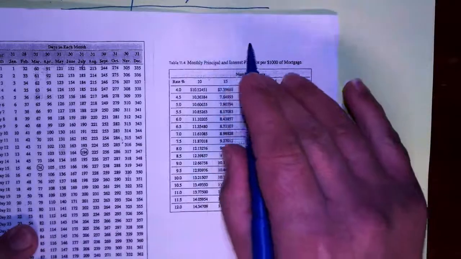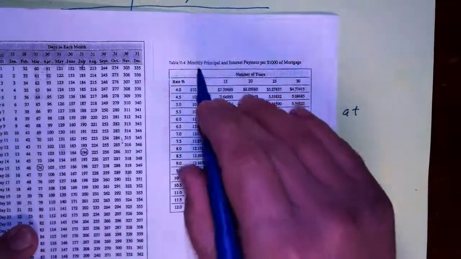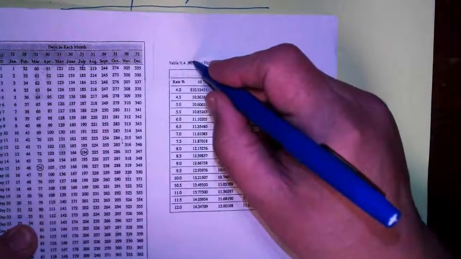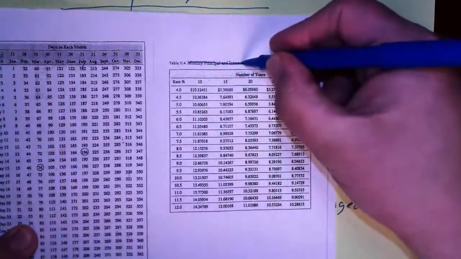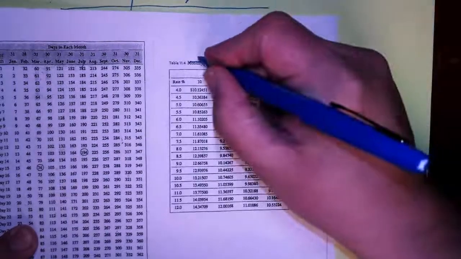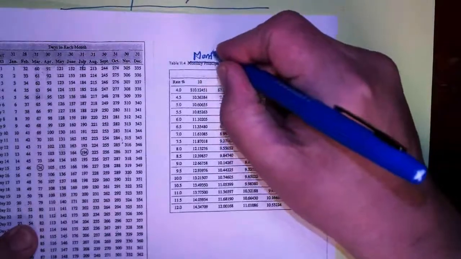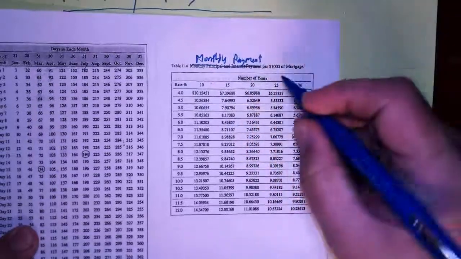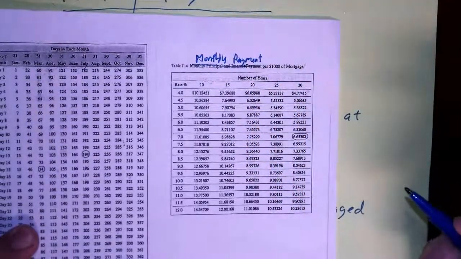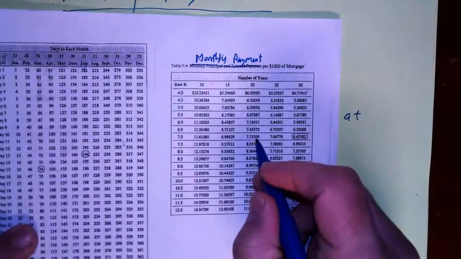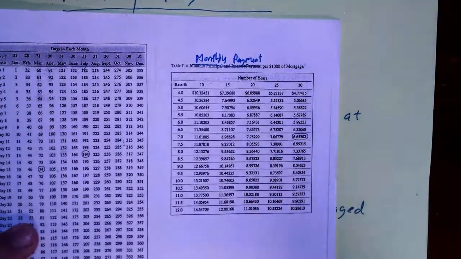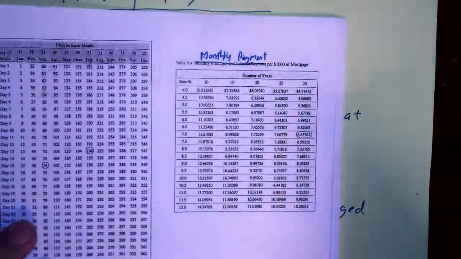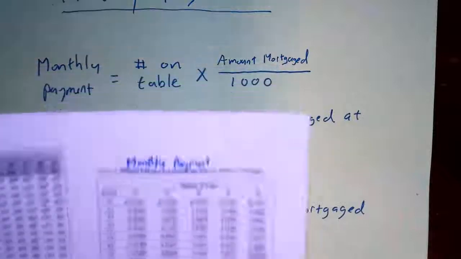So you pay off interest and pay off principal. So really, I could cross this out and say monthly payment per $1,000 of your mortgage. So this number on the table tells you how much your monthly payment's going to be per $1,000 mortgage.